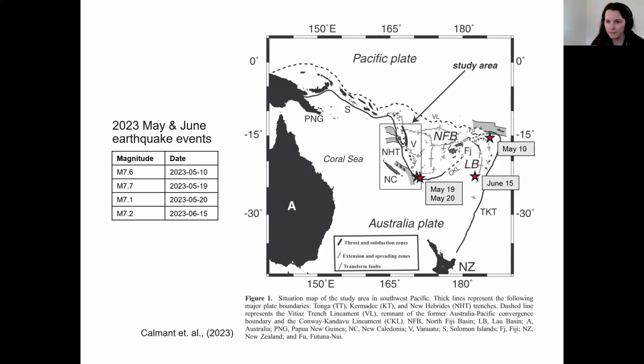There were 4 earthquakes in this region, called out here with the red star: May 10th, May 19th and 20th, very close to each other, and June 15th, all above magnitude 7. So fairly large.